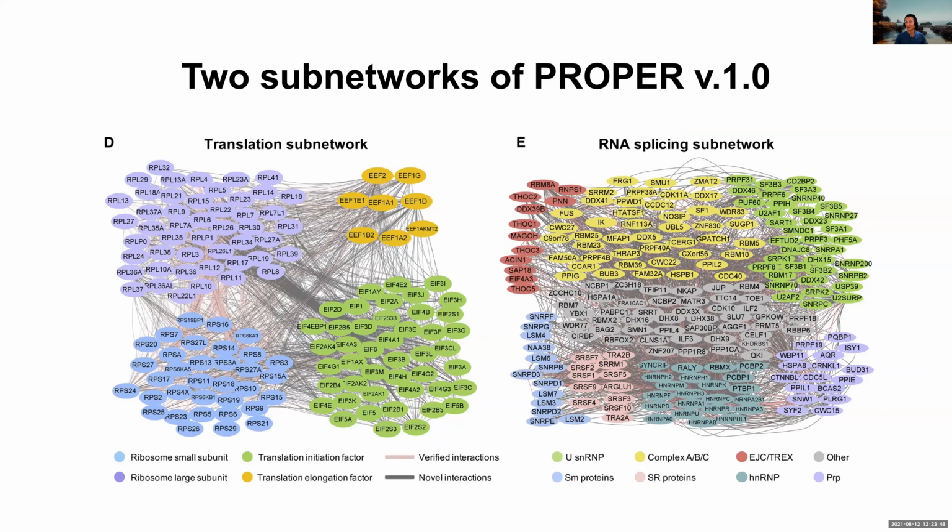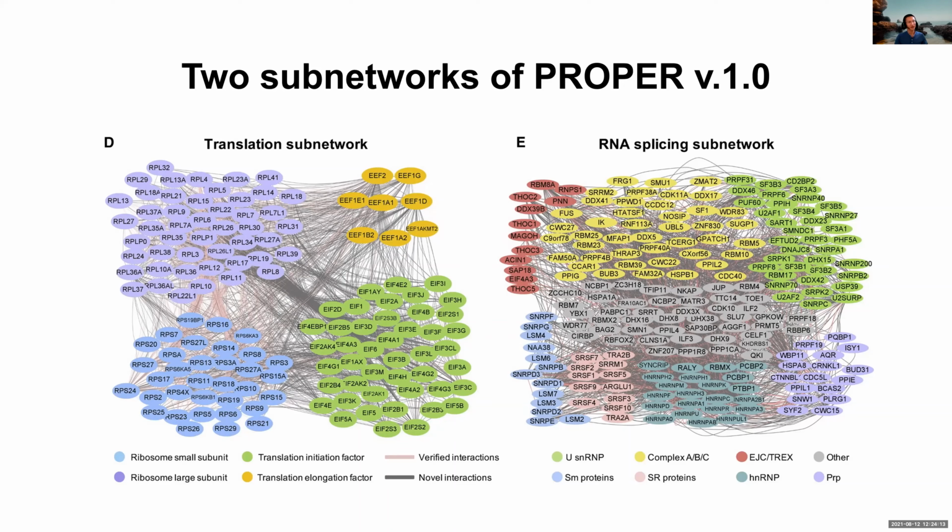Those are very much expected to be there and interacting. The pink edges are interactions identified previously through high-throughput, low-throughput, or biochemical approaches. There are also translation initiation factors and translation elongation factors that now form a subnetwork of interactions.